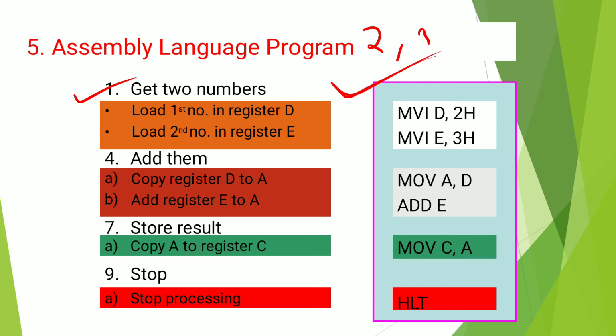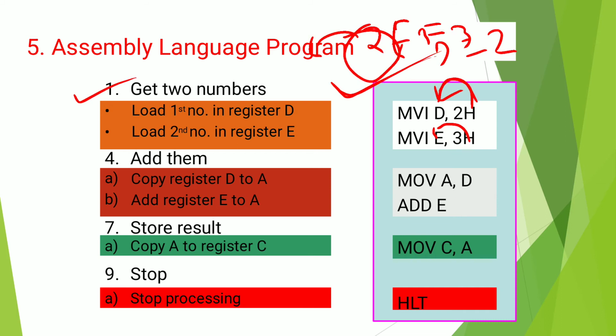So first data, using MVI, this 2 is moved to register D. Here I am using the instruction MVI D, 2H, that is moved to the D register. Now D has the data 2. Now the third data is moved to register E through the MVI instruction. Now E has the data 3.